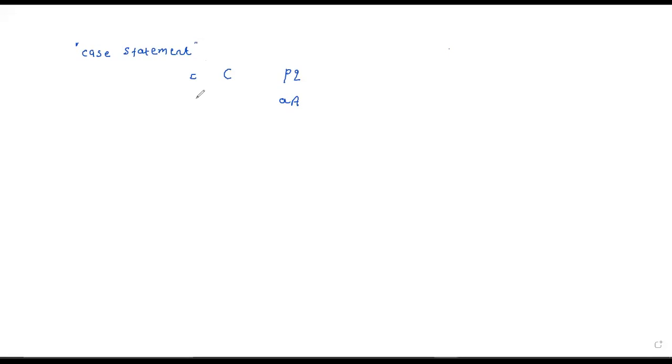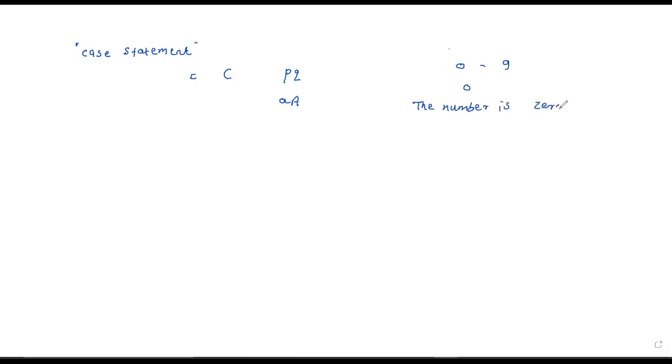And suppose we want to print this value also. Suppose we have 0 to 9, and if we press 0 we expect an action like this: the number is 0.